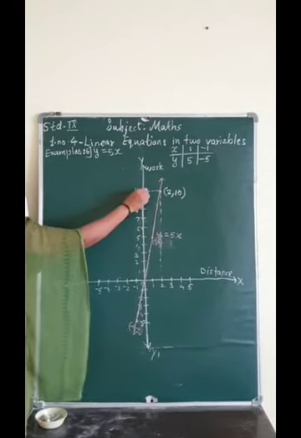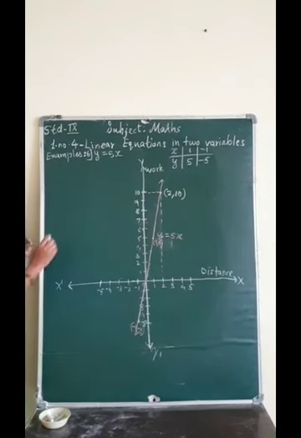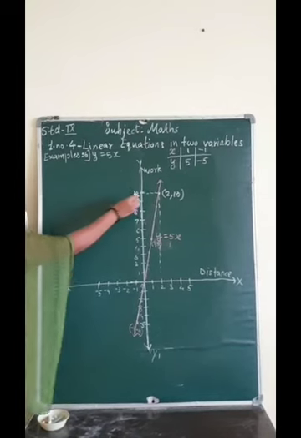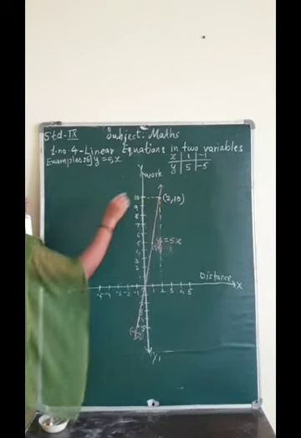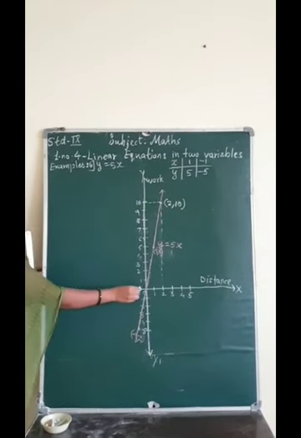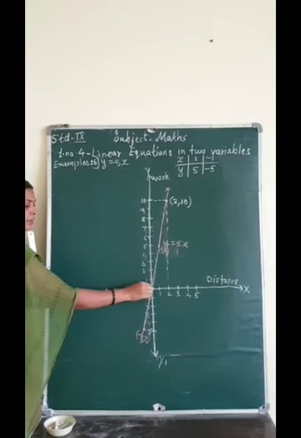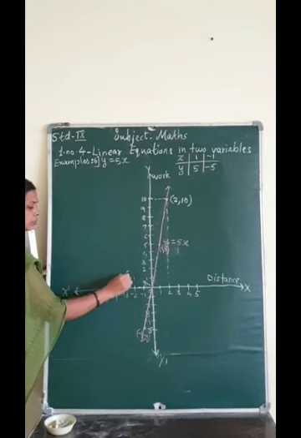So this is how we get the work done is 10 units when distance travelled is 2 units. When they ask us to read from the graph, we have to show it this way. Next, when distance travelled is 0 units, how much work done? That is again (0, 0).